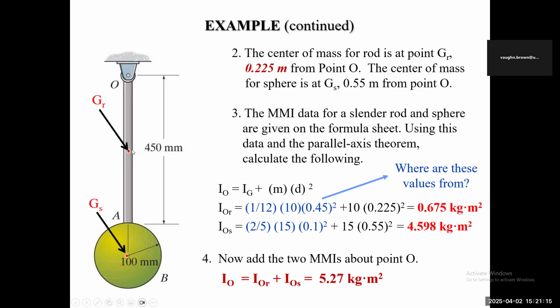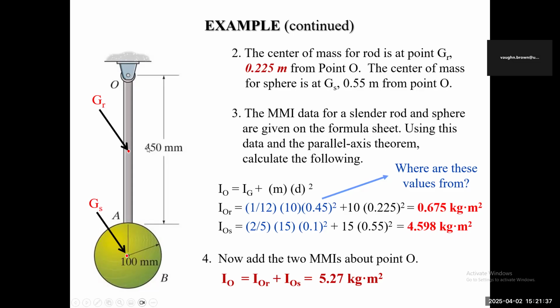They're saying the distance there is half, 0.225 meter from point O. So that, from point O, is the center of it. Then the center of mass of the sphere, you add both of these things together. The radius is 100, and you add that.